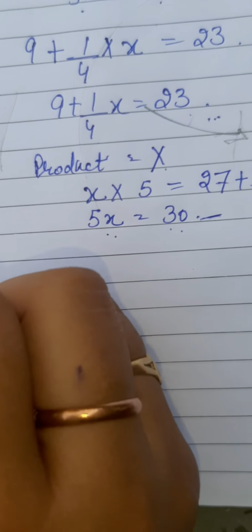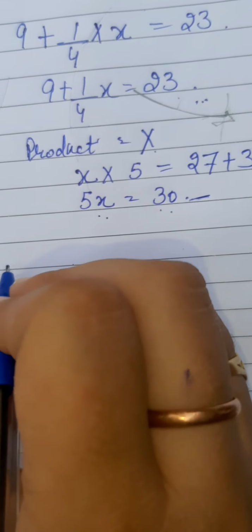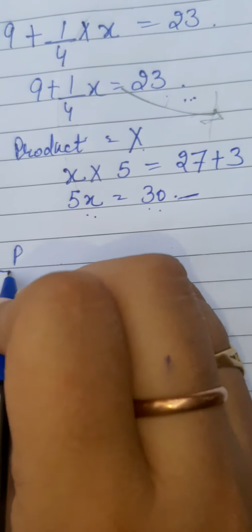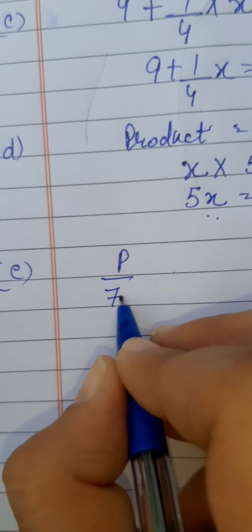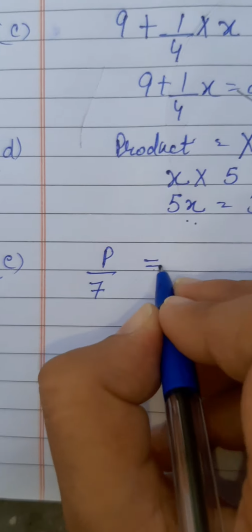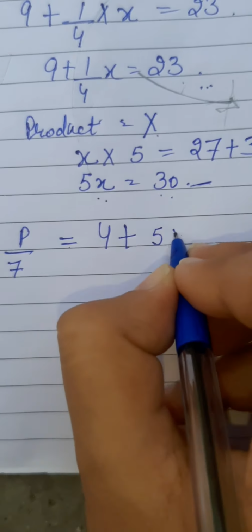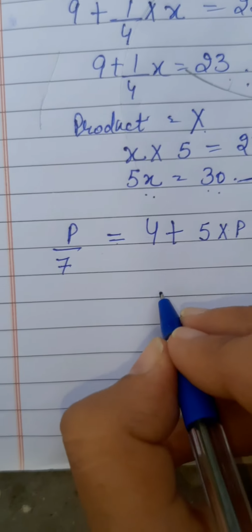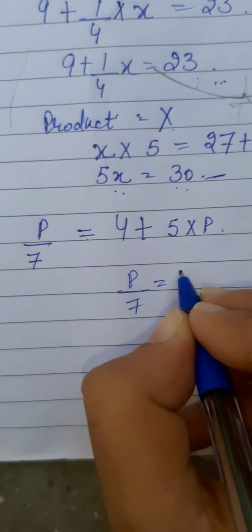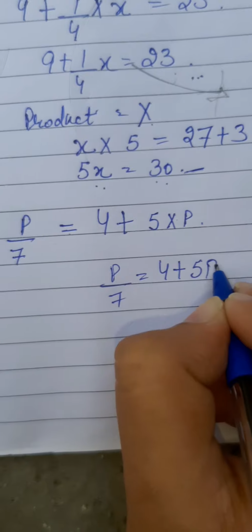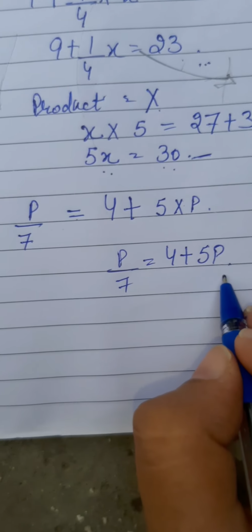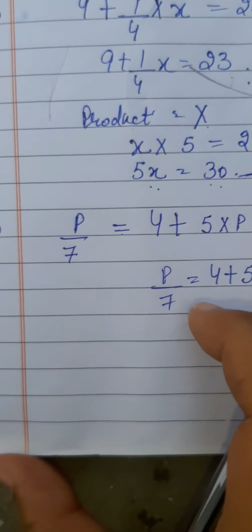Now E part. Quotient of p and 7, meaning p by 7, is equal to 4 more than 5 times a number p. So the expression will be p by 7 is equal to 4 plus 5p. Now F part.